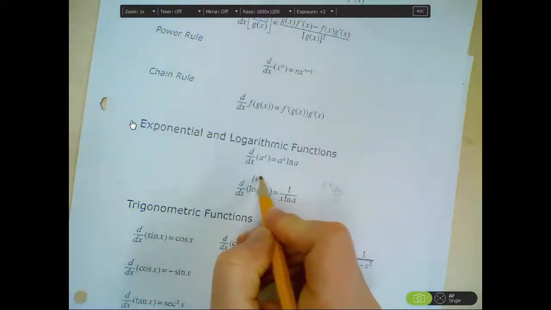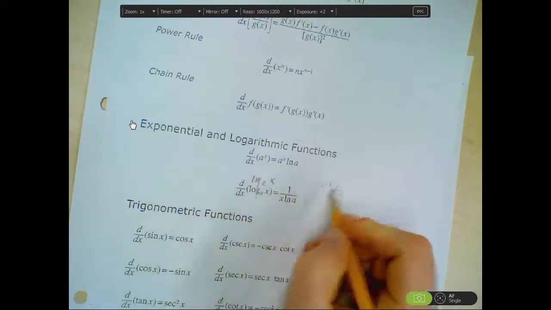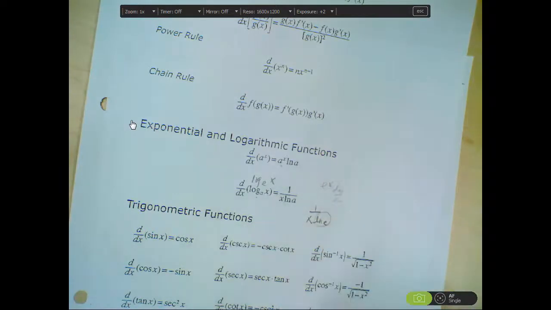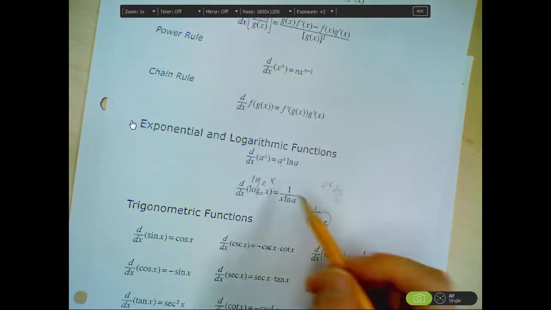If you think of log base e of x, then when you take the derivative, you get 1 over x ln of e, but ln of e is just 1. So it's just 1 over x times the derivative of whatever the function is. That's the derivative of an ln function.